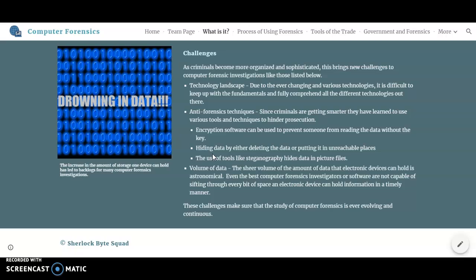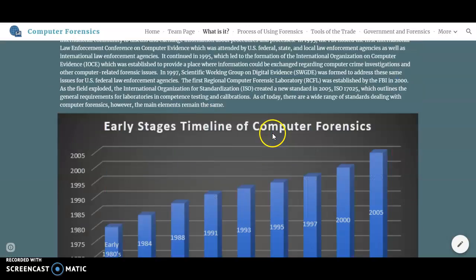So because of the sheer volume of data, it ends up being a challenge for law enforcement or investigators to comb through everything. It causes backlogs and so many issues. So those are the main challenges that I provided.